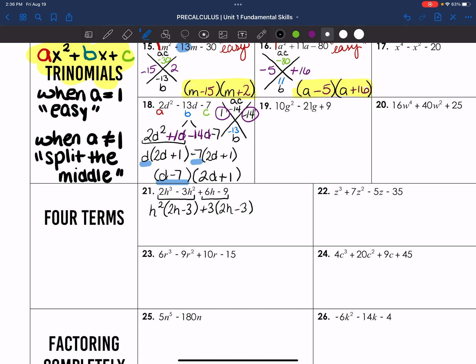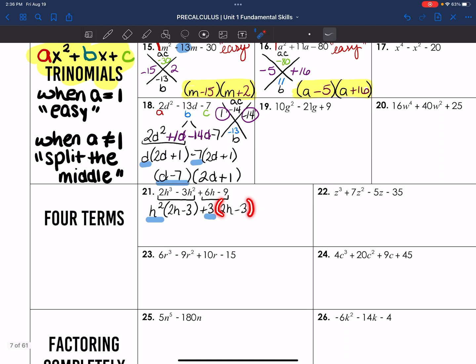So once again, we've got this really unique setup where h squared is multiplying with the 2h minus 3, and the 3 is multiplying with the 2h minus 3. So our final response would be h squared plus 3 multiplying with the other binomial 2h minus 3.